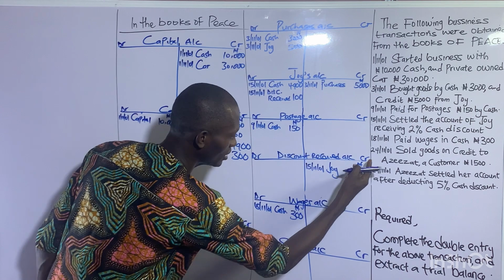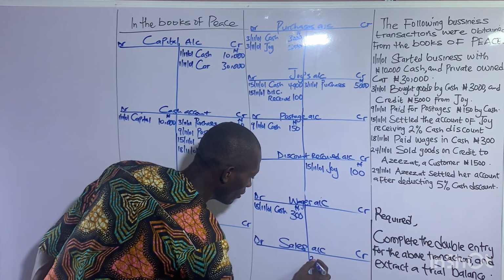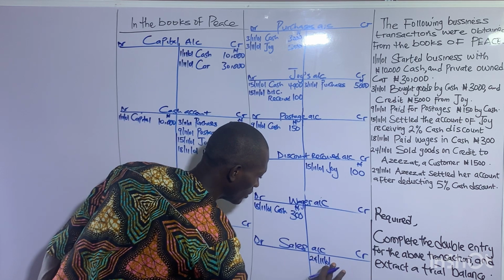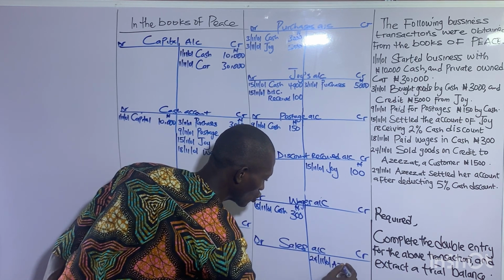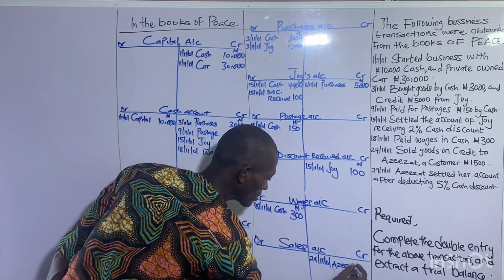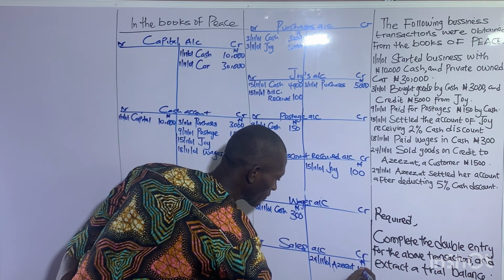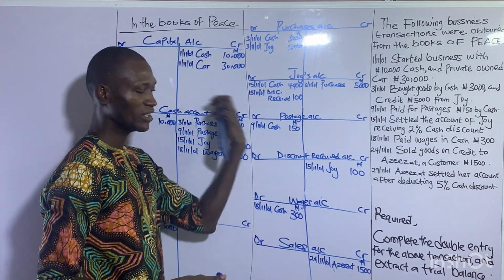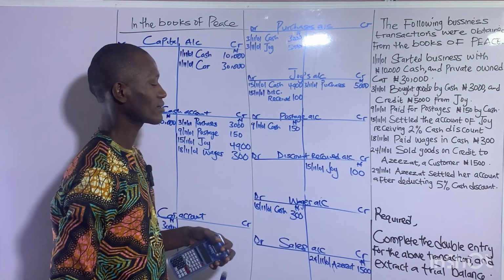So sales account, the date is 24/11/01. Then the particular is going to be Azizat, to whom we sold, and that's 1.5. Then the corresponding debit entry will go to Azizat's account.